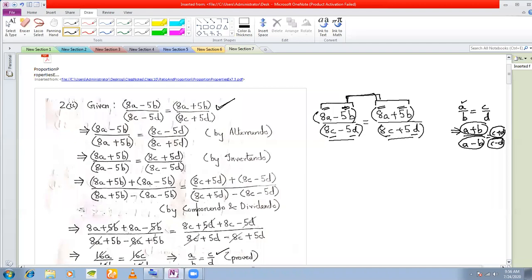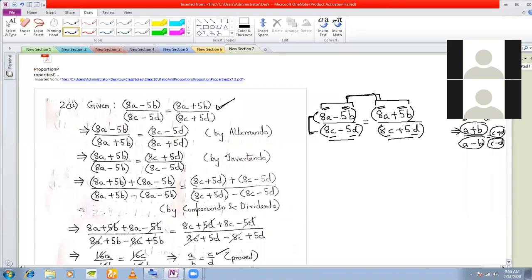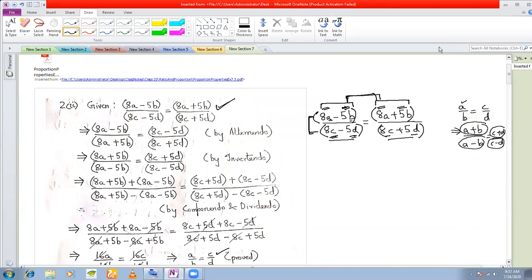But here, if I add these two numerators, these are all different, right? Nothing will cancel. There's an 8a and a 5b, and I have a C and a D here. So nothing will cancel. In such a case, what I would prefer is to take A and B in the numerator and the denominator on one side.